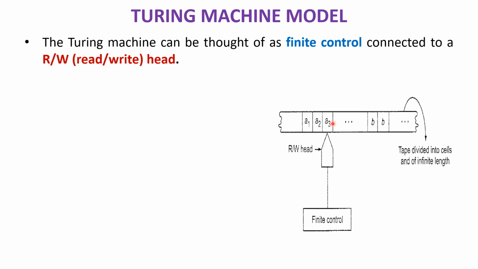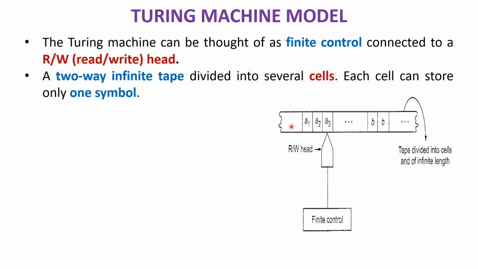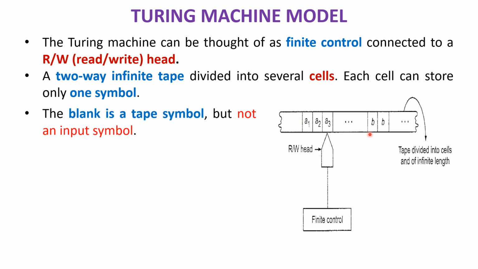A Turing machine can be thought of as a finite control connected to a read-write head and a two-way infinite tape divided into a number of cells. Each cell can store only one symbol. Blank in a tape is a tape symbol, not an input symbol.